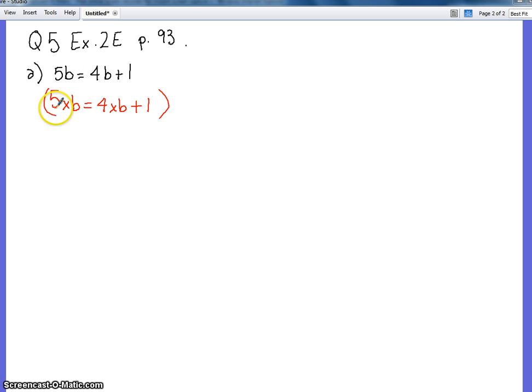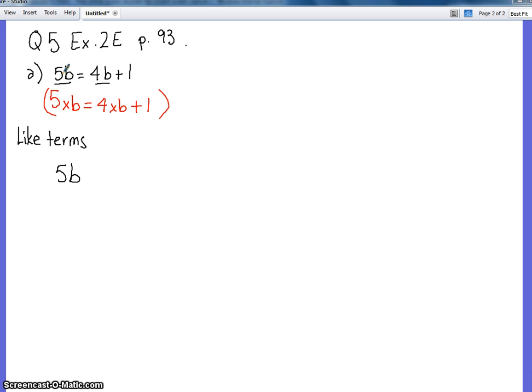The first step that you would do, again in your thinking, would be to collect like terms. We can clearly see that these are like terms. So what we have is 5b on one side. We want to probably bring this 4b over.